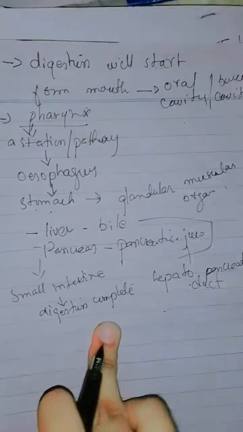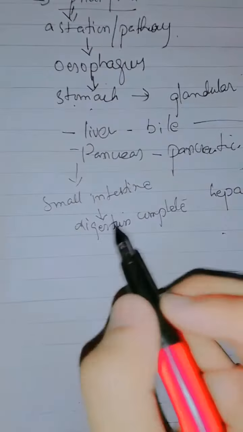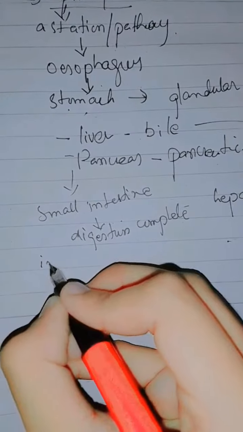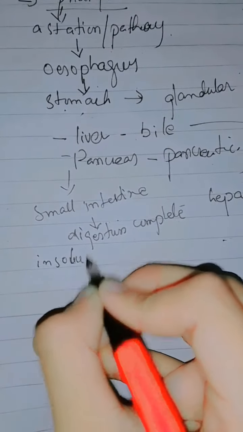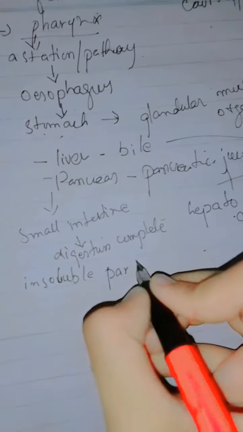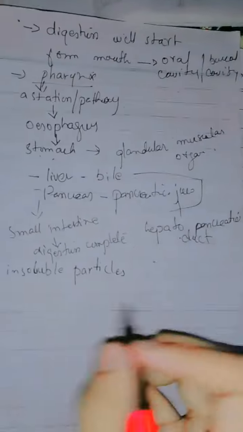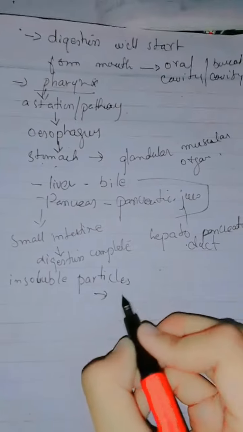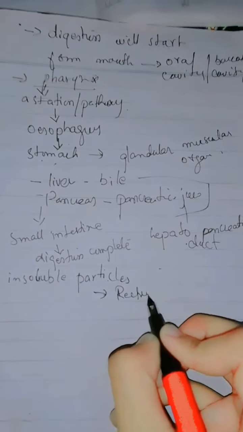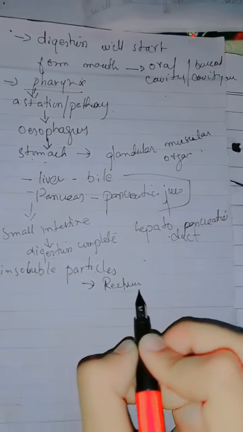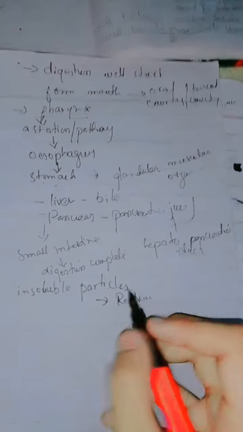Here the digestion will complete. Here the insoluble particles will move from the large intestine to the rectum. Rectum is basically a place where the undigested food particles, or feces, are stored for the time being, and then they move out from the anus.